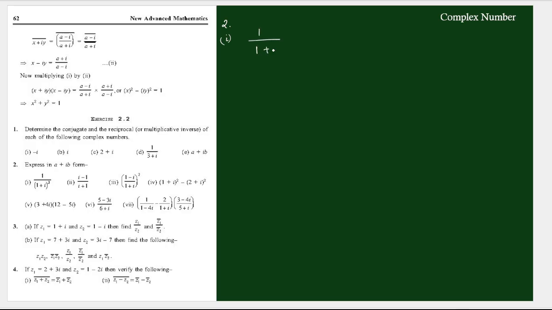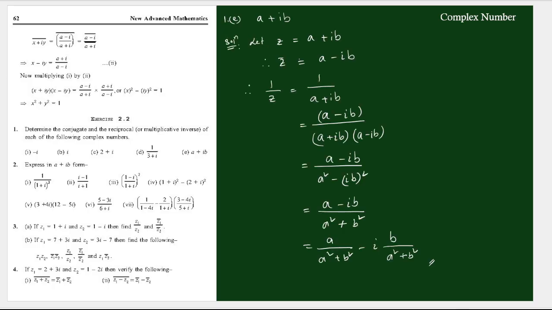Okay, we have the denominator, 1 by i cube. See, the a plus ib form uses the same procedure. In this form, we have to solve that one.